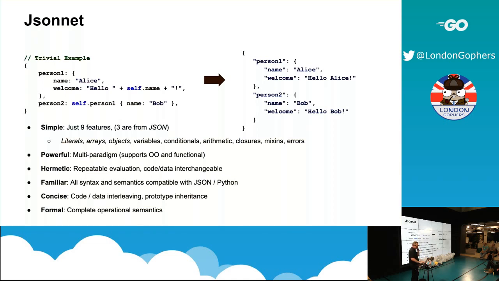And it's multi-paradigm. If you've got variables and closures, you have functions, and those are recursive, so you can do basically functional programming. And the object orientation, you can see it in this example, because when you override self.person, which refers to this here, and change the name, you're also changing what self.name looked up here. So you're changing the welcome message.